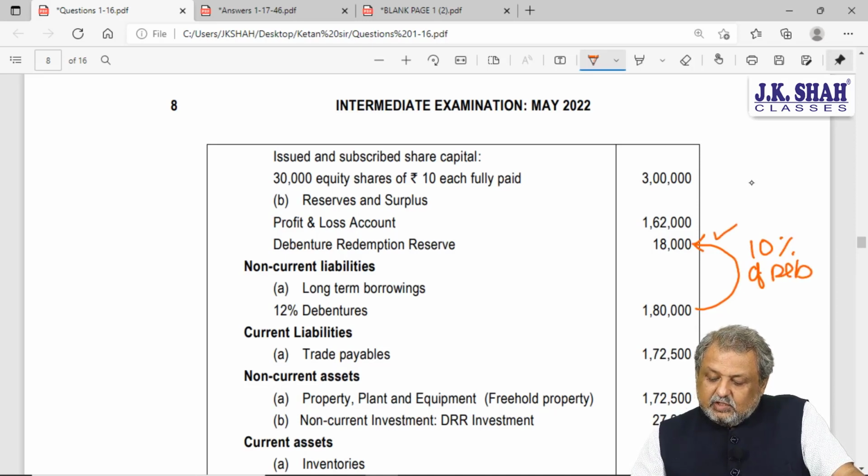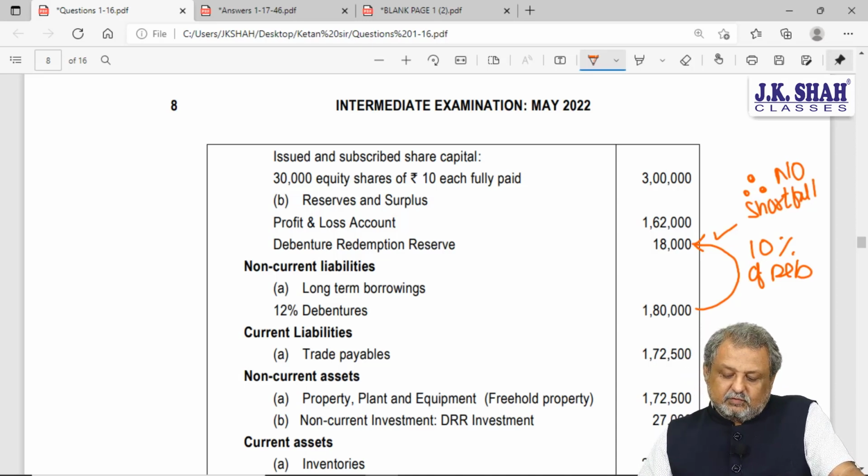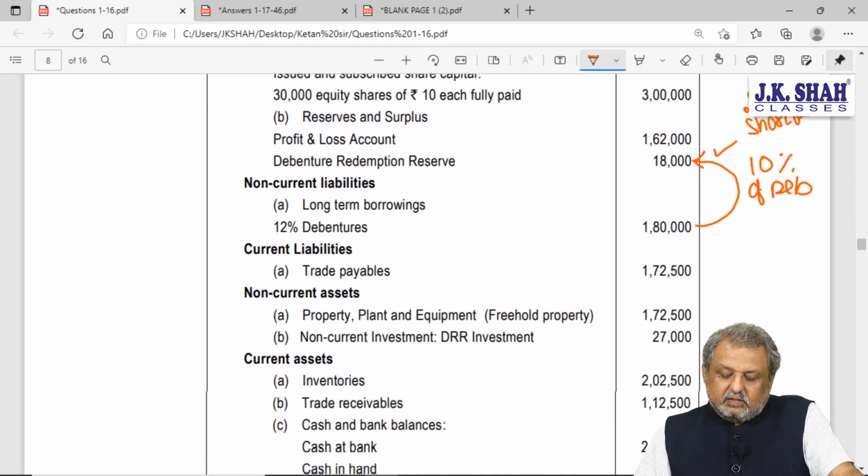Yes. Therefore, there is no shortfall. Otherwise, you will have to create DRR. But there is no shortfall. Very good. Then trade payables are there, property plant is there, non-current DRR investment.